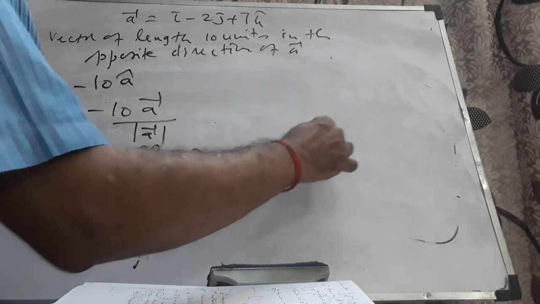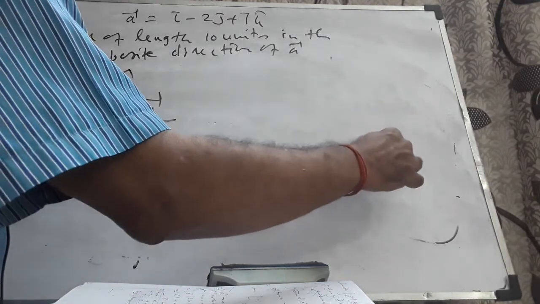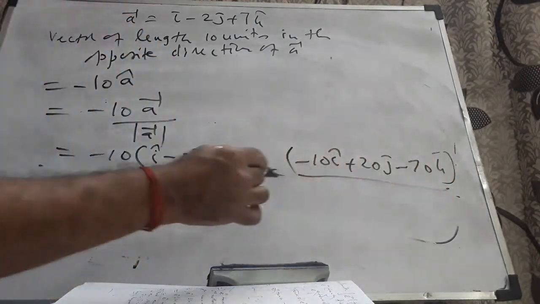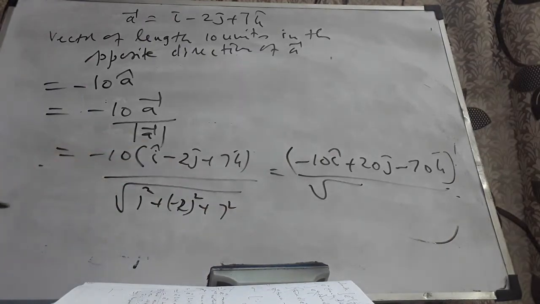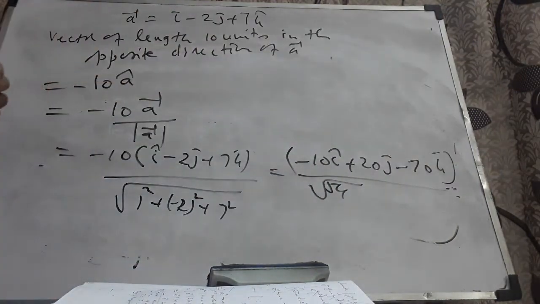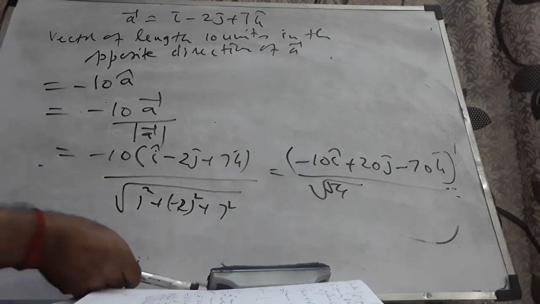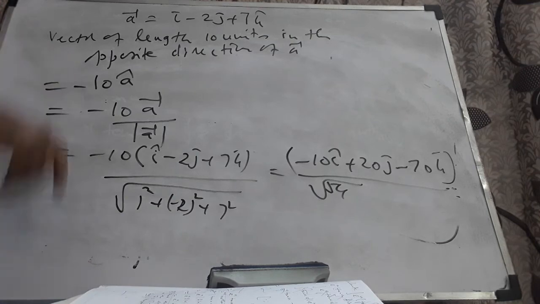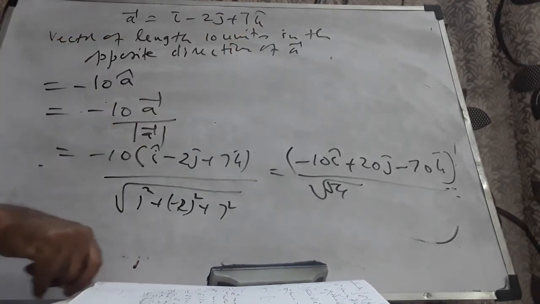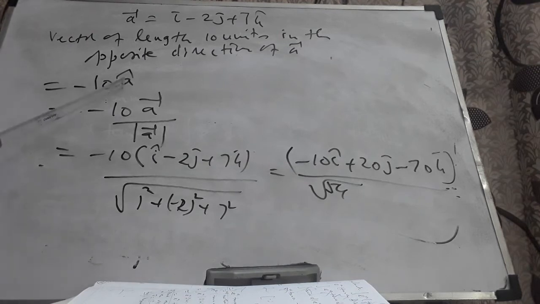This is minus 10i plus 20j minus 70k divided by, anyway this will be 1 plus 4 plus 49, 54, root 54. Okay, along the same direction means I'll write 10a cap. In the opposite direction means I should put a minus sign. I repeat, vector of length 10 units in the opposite direction of A vector is minus 10a cap.